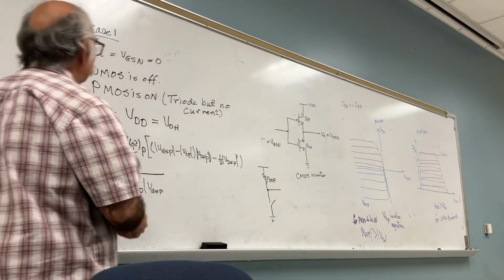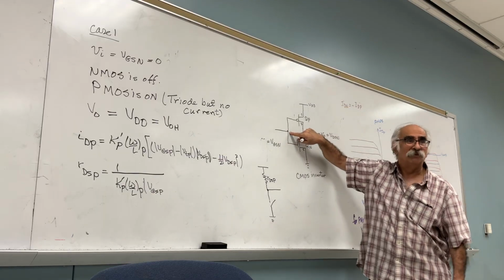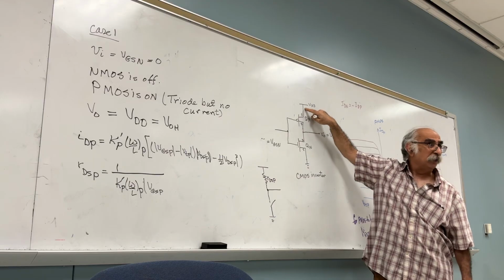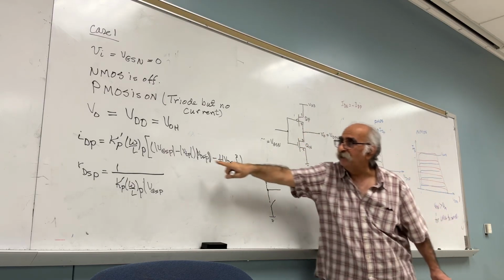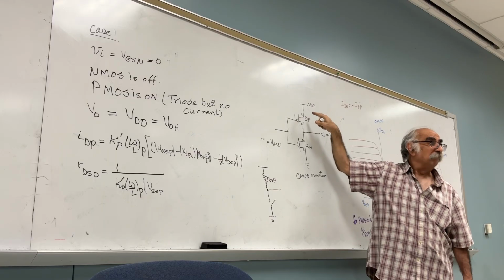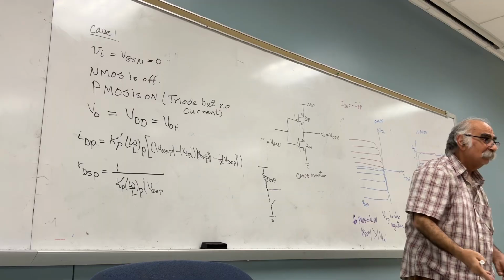What is VGSP? The input is 0, which means this one is 0. What is this one? VDD. What is VGSP? 0 minus VDD, but I'm going to take the absolute value. So it is VDD.